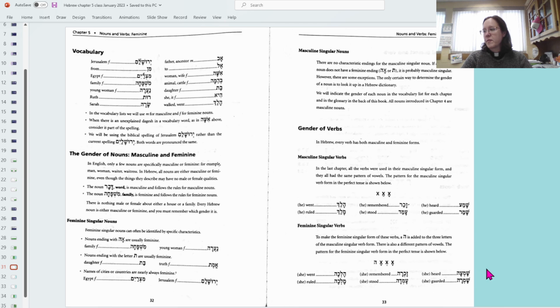Now remember that we have that shva in the middle underneath the mem, and sham'a, that's like a stop. So the masculine would be shama, the feminine would be sham'a. She guarded would be shamra. She remembered would be zakra. She stood would be amda.